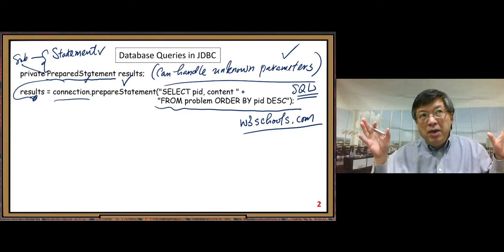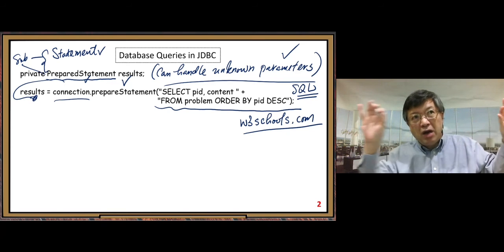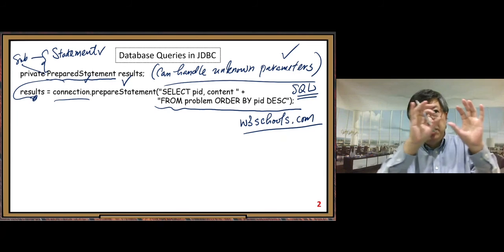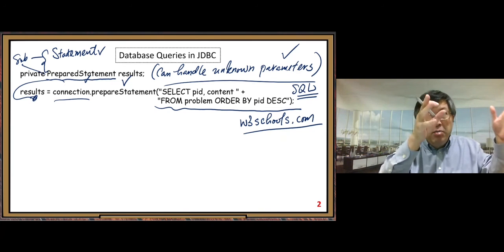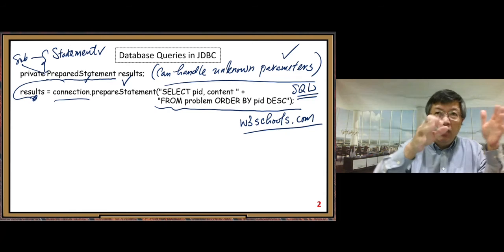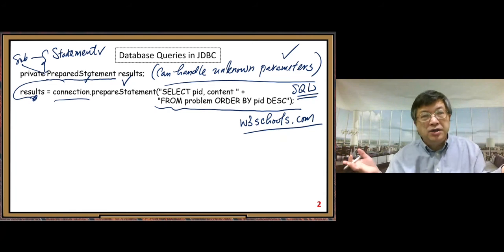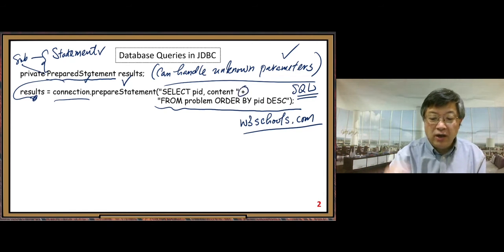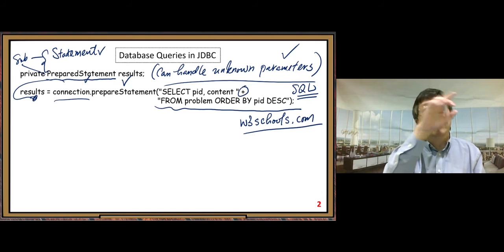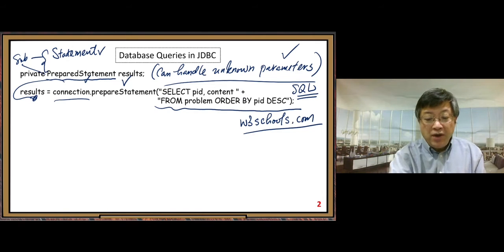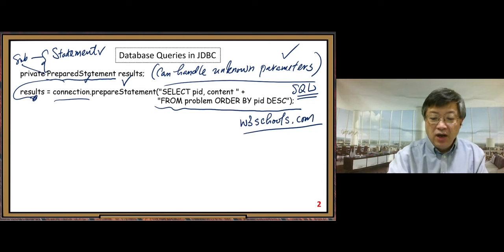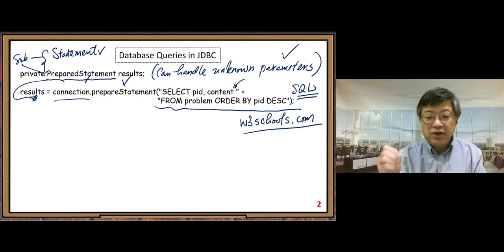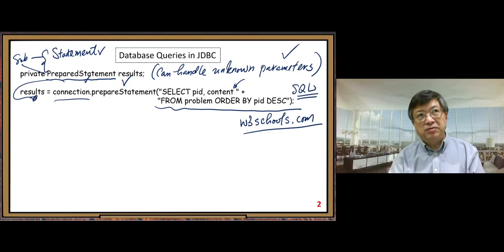So when we write our Java statement, if it is too long, for readability we may like to break it into multiple lines using the string concatenation operator plus. But when you do that, pay attention: look here, there is a space after this content. You need to put a space.